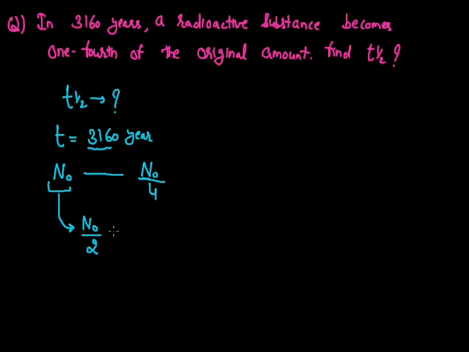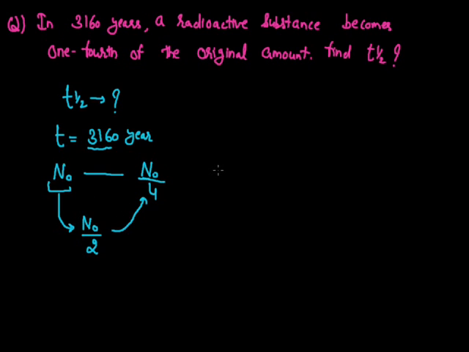And within the next half-life period, it will reduce again by half, and the final amount will be expressed as N0/4. So here we can see that to convert the amount N0 into N0/4, two half-life periods are required.